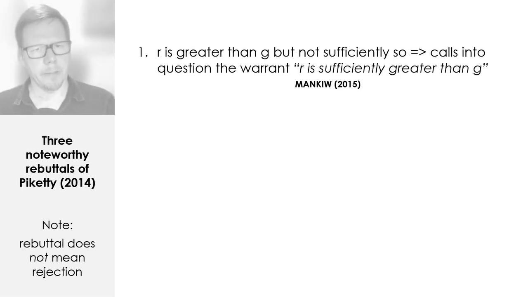Mankiw estimated that in the state of Massachusetts in the United States, R would have to persistently exceed G by about 7 percentage points for R to be sufficiently greater than G. And he estimated that R was about 2 percentage points, not 7, greater than G. So he did not call into question Piketty's grounds, but the warrant that R was sufficiently greater than G.